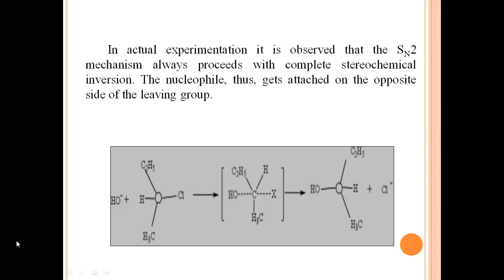For the inversion of configuration, if our starting compound is, say, dextrorotatory, then our product is levorotatory. That means if the 2-chlorobutane, before going into the reaction, rotates the plane polarized light toward the right side, then the product obtained, 2-chlorobutane, rotates the plane polarized light toward the left side.